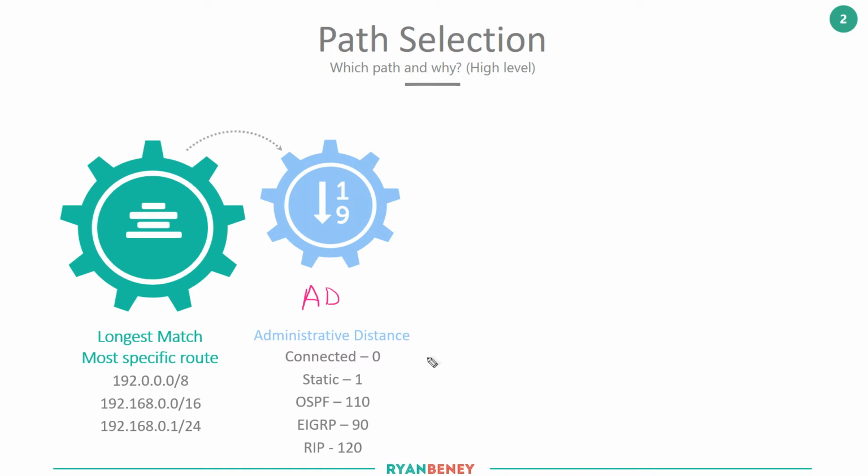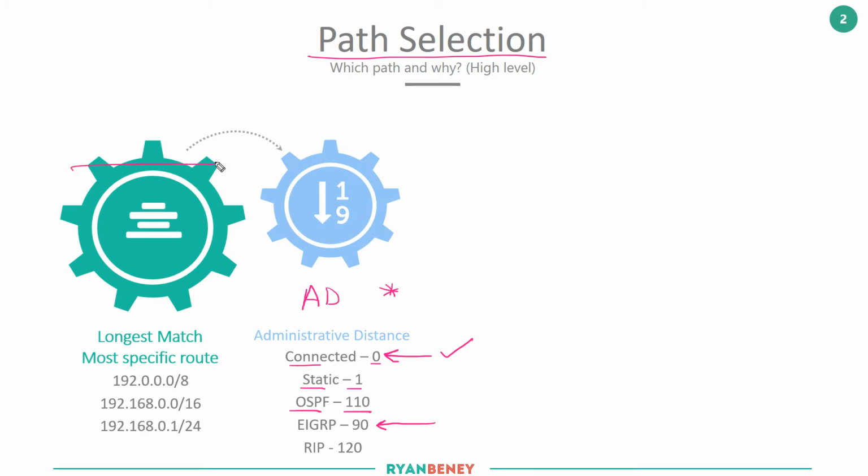So if it's connected, then it's going to be more believable and preferred than something you learned via EIGRP. Now these numbers, like connected being 0, static being 1, OSPF being 110, are something you need to remember for the CCENT and ICND1. It's also something you need to remember that it would be the second path selection rule.